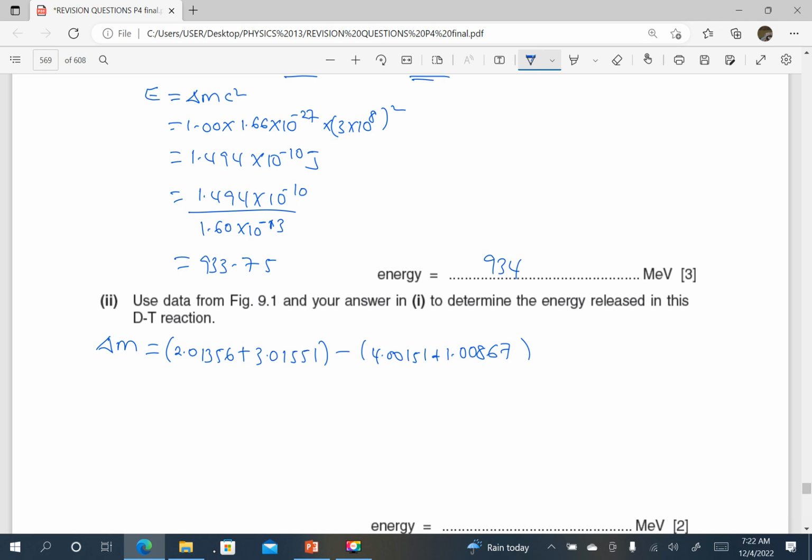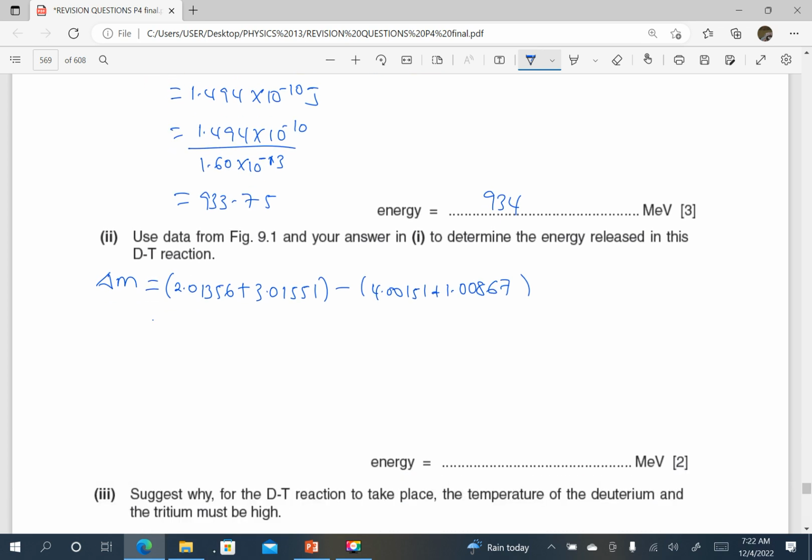So we are trying to find the difference in the masses. I am getting the difference in mass as 0.01889 in unified atomic mass units.